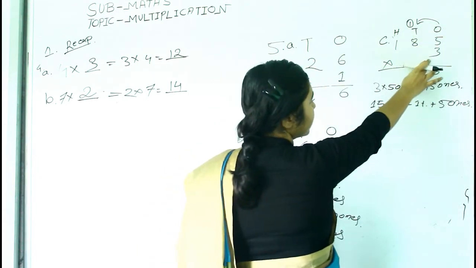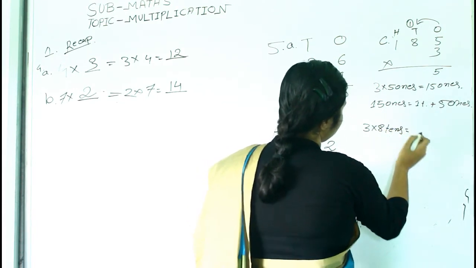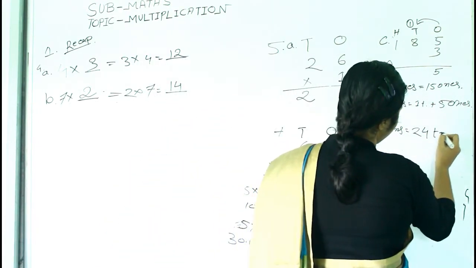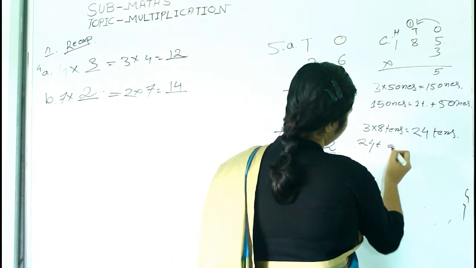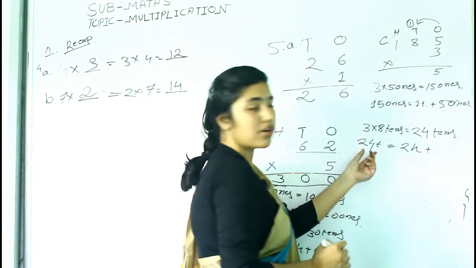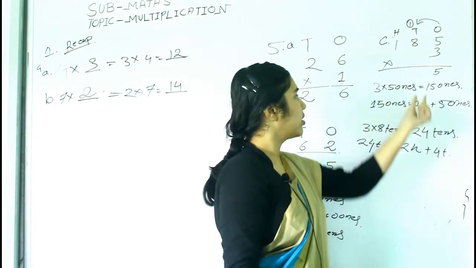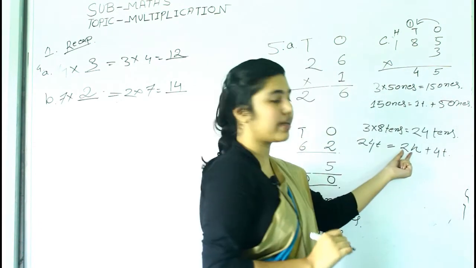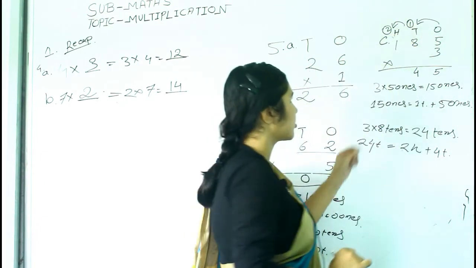Now multiply 3 with 8 tens. Here we will get 3 into 8, 24. 24 tens. Now again regroup this number. 24 tens is equal to 200 plus 4 tens, right? Now write 4 in the column of tens place and carry this 200 to the hundreds place.